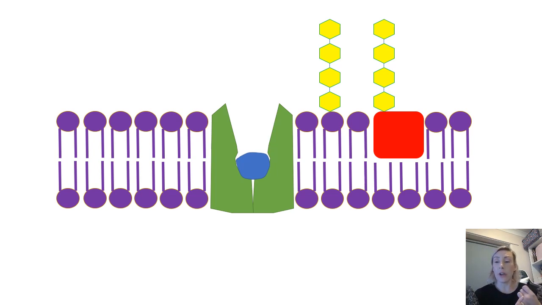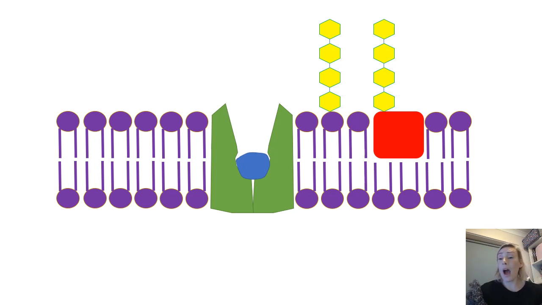So things like glucose, fructose, any of the amino acids, they all have to pass through the membrane this way because they are too big to fit through the phospholipid bilayer and they're too big for any of the channels. So they need their own, very specific, and you can see very specific because it's got a binding site on the protein which binds to just this particular molecule that it carries across the membrane.